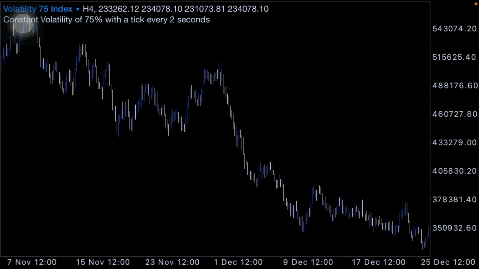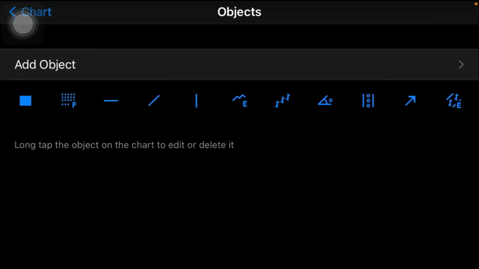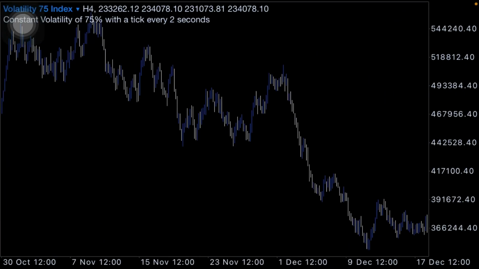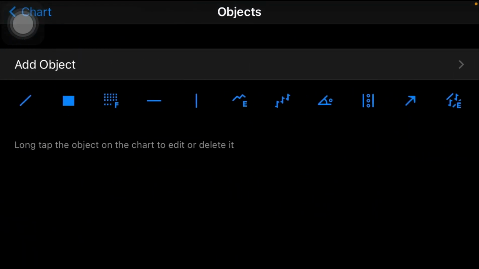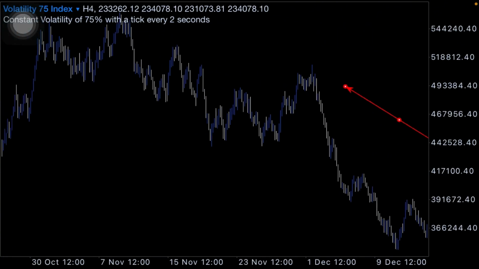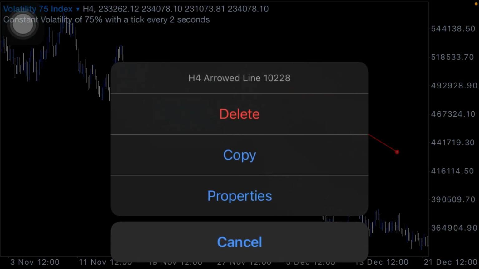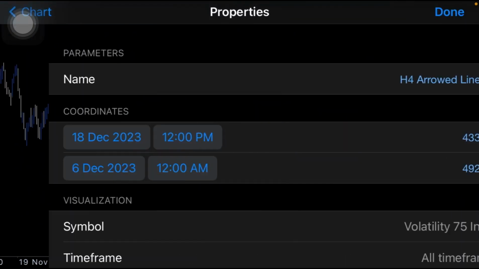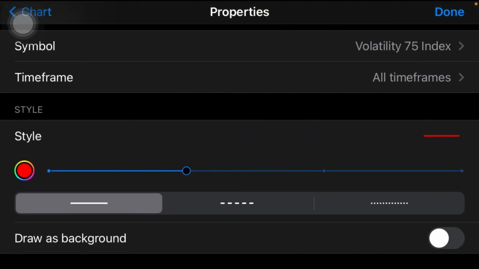So this is where I would take my trade. Let me pick the arrow tool so that I can use it as my cursor. Let me make the arrow bigger.